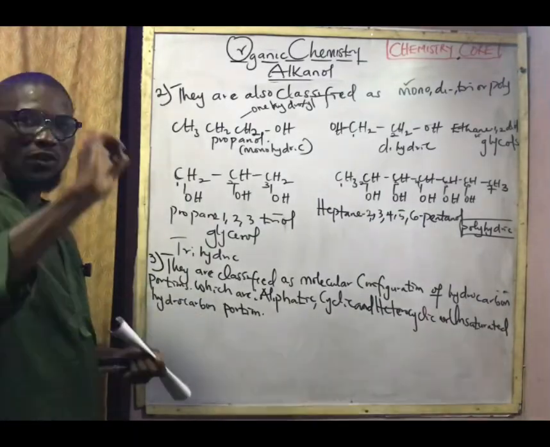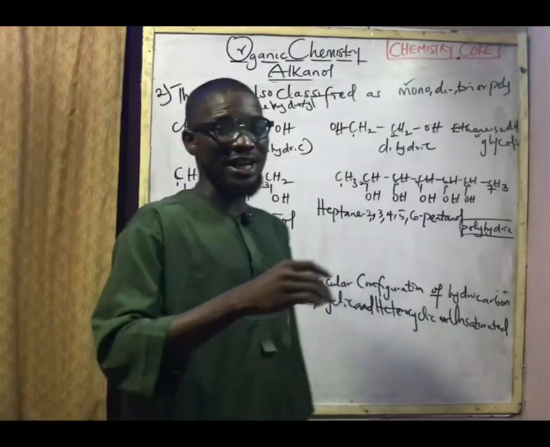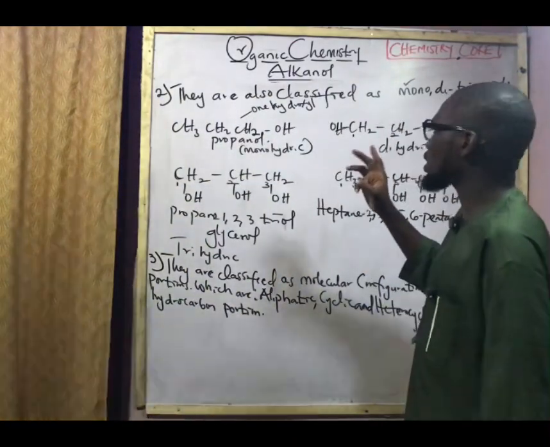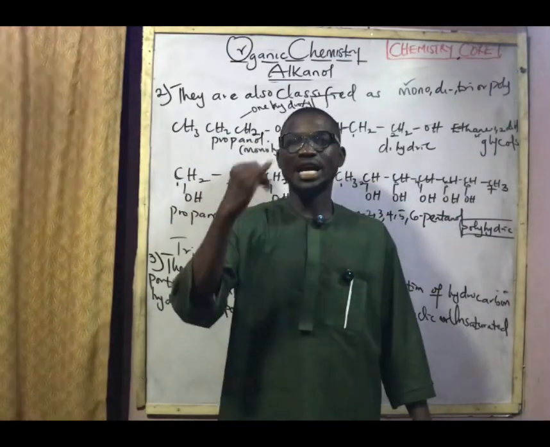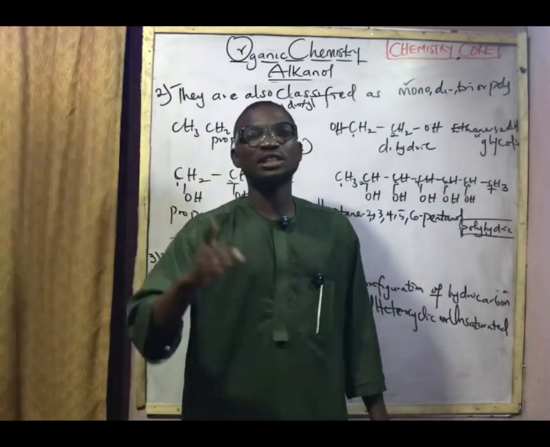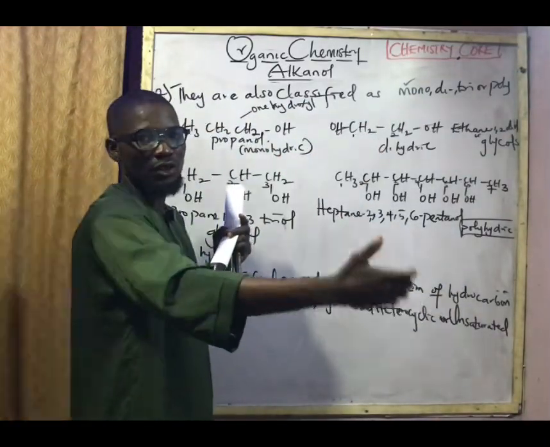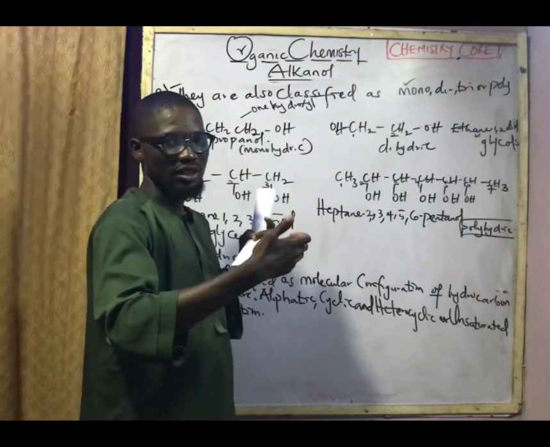So the first classification under this place is they are classified as either primary, secondary, or tertiary, while for the second one they are classified as either mono, di, tri, or polyhydric. But we further extend the classification for those undergraduate students that just resume in any universities in Nigeria.